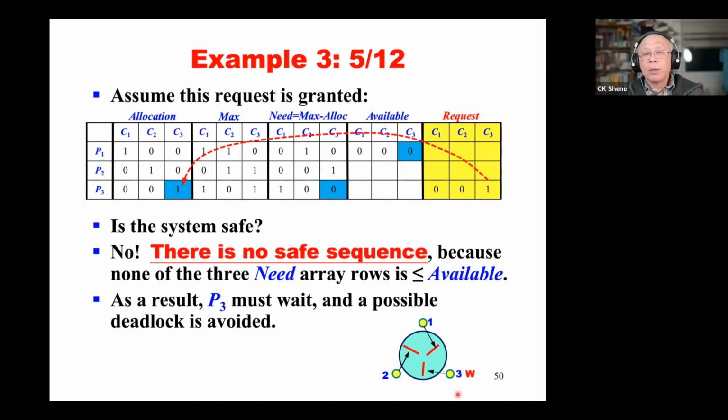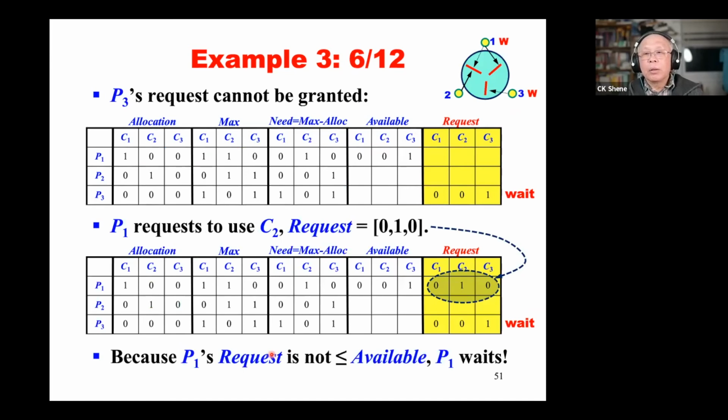So I mark a W here, indicating philosopher 3 is waiting with a dashed arrow. So here, P3 is waiting. Now, after P3 requests to use his left, which is blocked, then P1 wants to use his right one, C2.